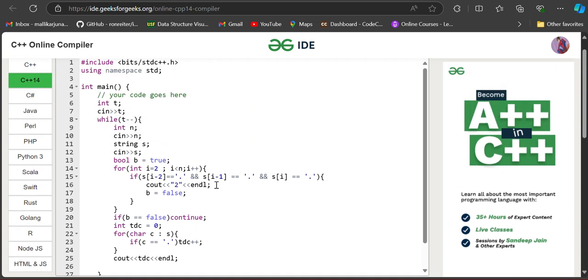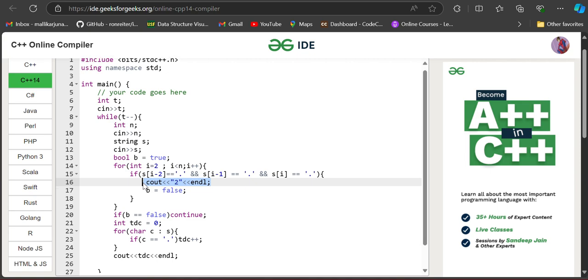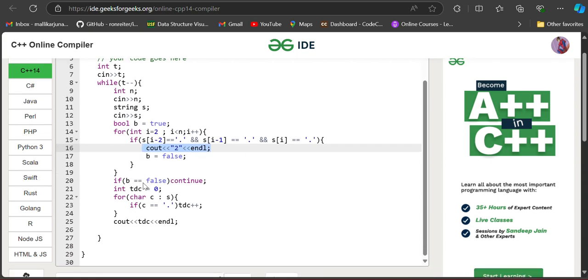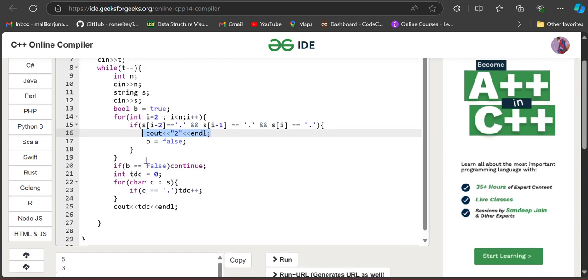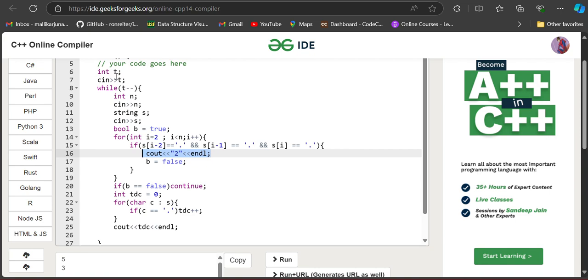Why does this print line actually perform two times? Why? So it starts from 2. So 2 minus 2 is dot and 2 minus 1, so 1 is dot and 2 it is dot.